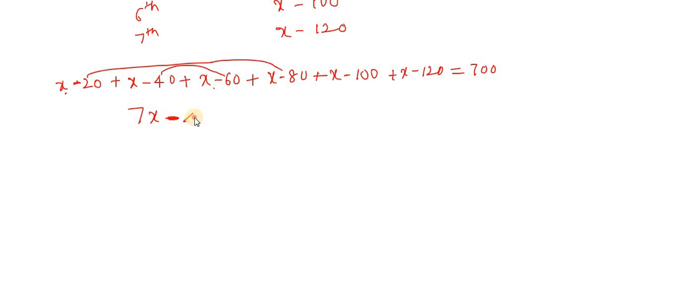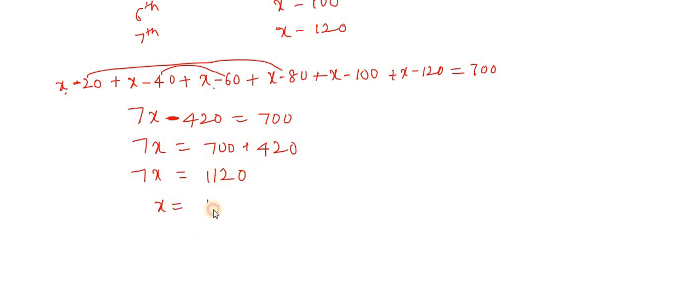So 7x minus 420 equals 700. Simplify: 7x equals 700 plus 420, which is 1120. So x equals 1120 divided by 7, which is 160.